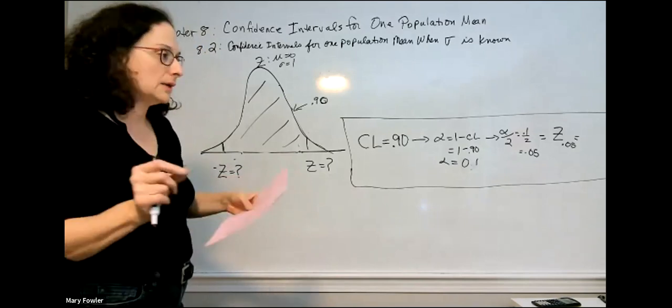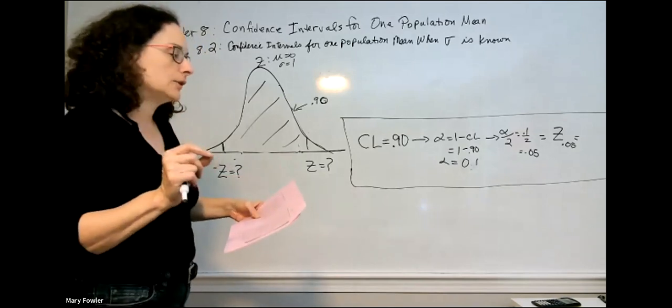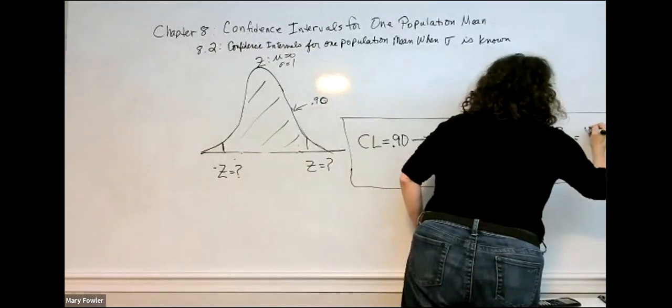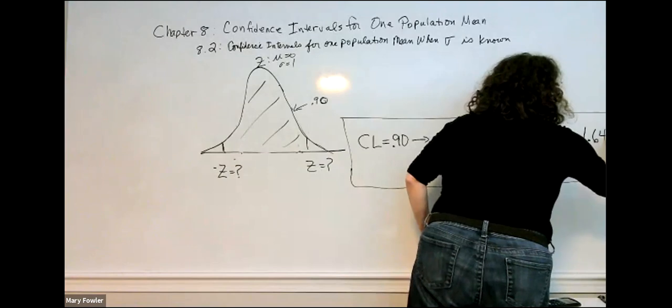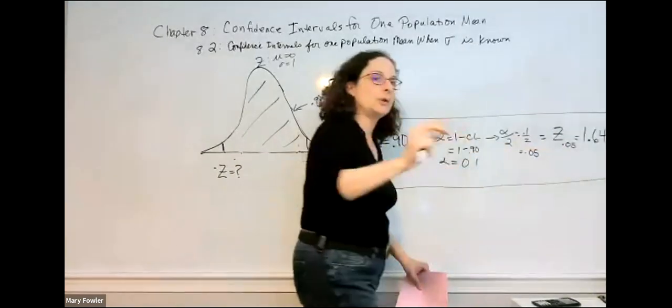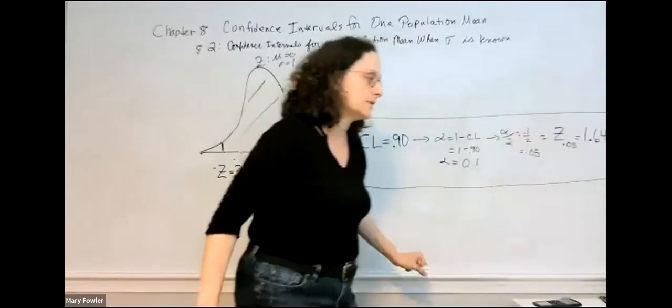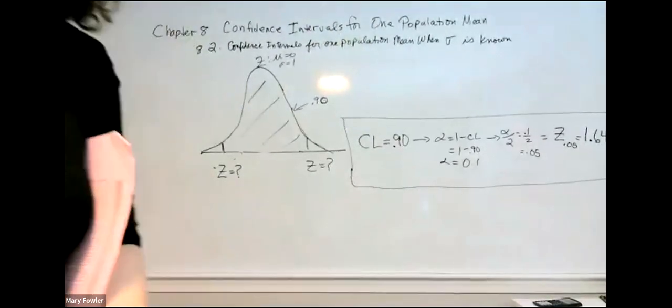It's right in the middle. Actually, the z value here is the positive version of the number. And since we're right in the middle, usually we go to the closest, but since we're right in the middle, we'll just take it halfway: 1.645.